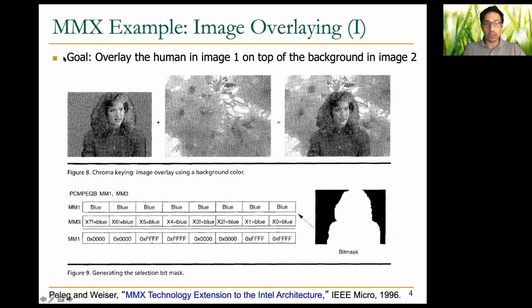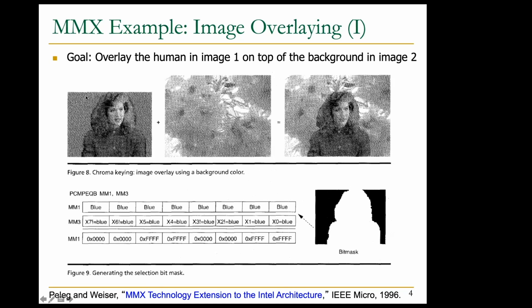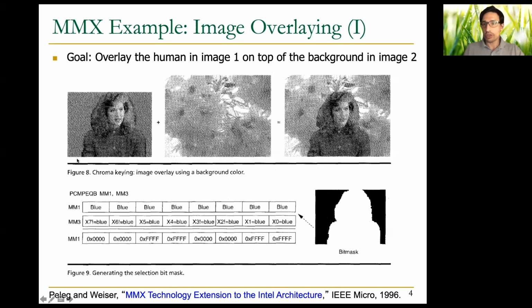This example consists of an image of, for example, a show woman appearing on TV who has a chroma at her back. The color of this chroma is blue, even though you cannot see this on the screen. What we want to do here is replace the blue background with this blossom background.